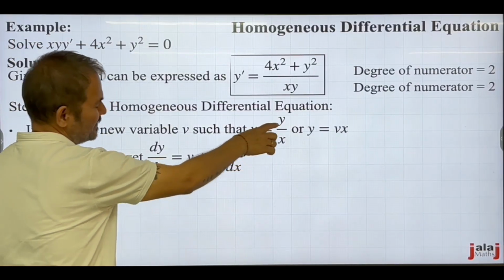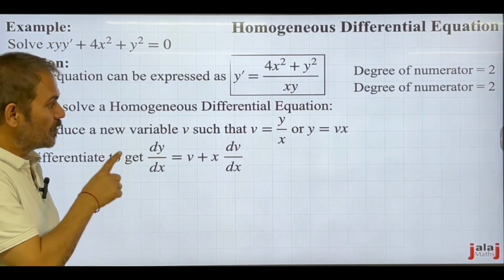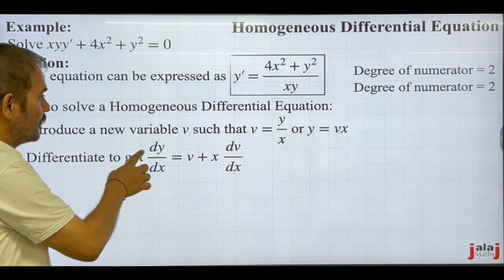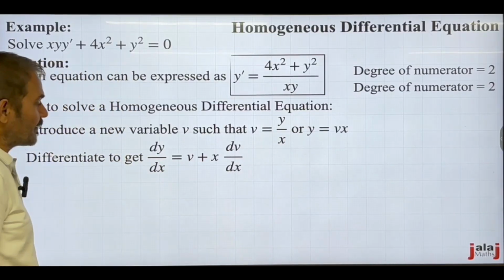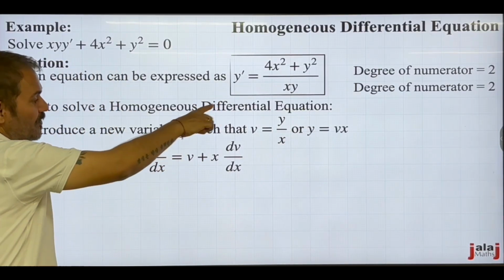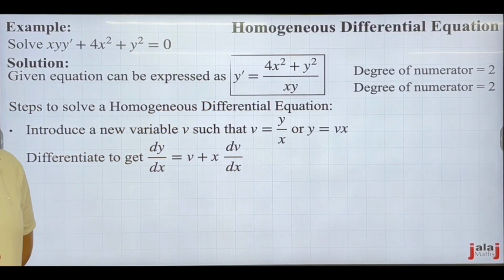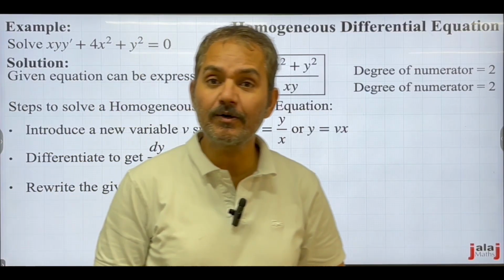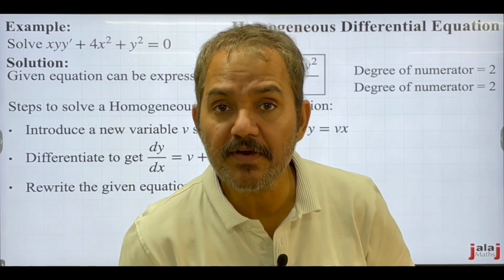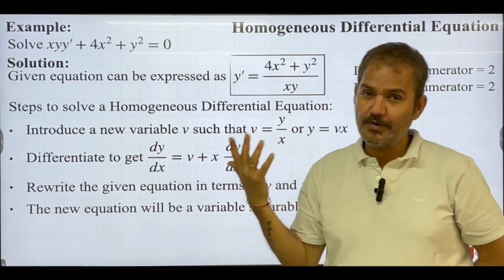When you differentiate, remember v and x both are variables, so we have to use the product rule here, and with implicit differentiation, it becomes v plus x dv by dx. Replace y prime, or dy by dx, by this, and wherever you see y, write it as vx. When you do this, believe me or not, your equation will become variable separable. So once it has become variable separable, you know what to do.